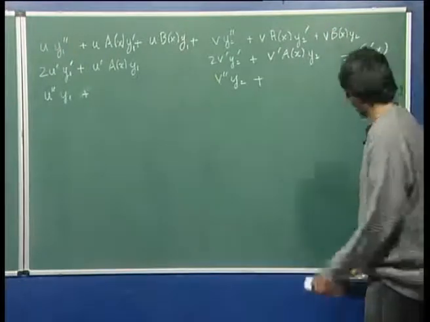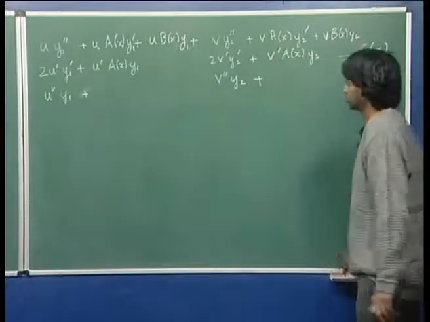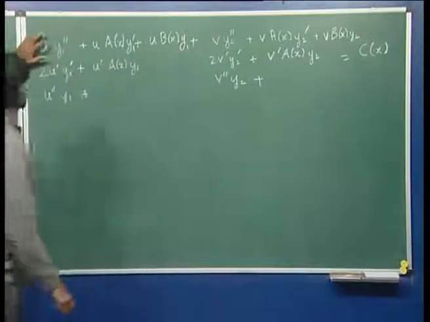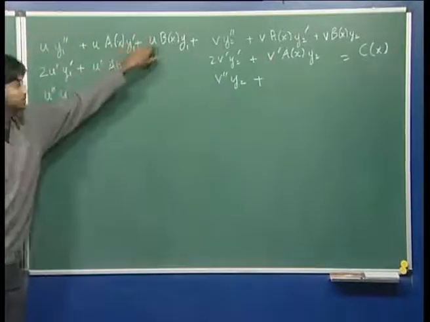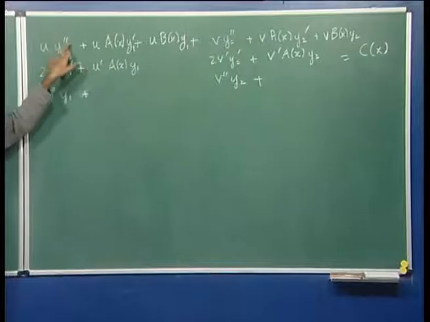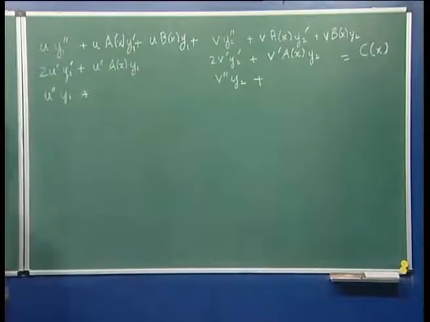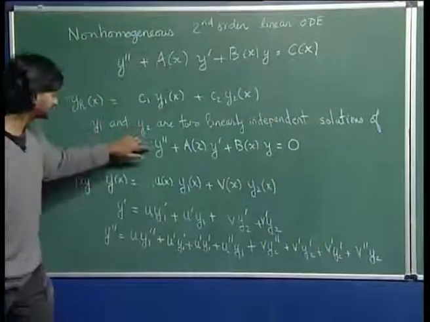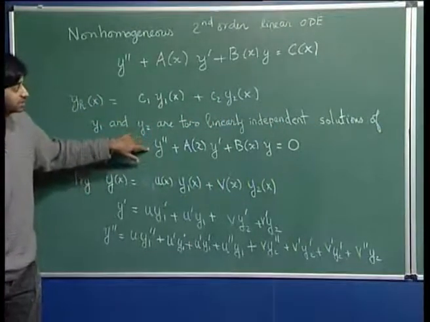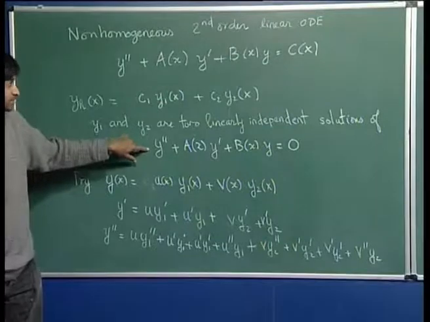Now, if you collect the terms in this form, what you notice is that u is common to all these. What you have is y1 double prime plus a of x y1 prime plus b of x y1, and since y1 satisfies this differential equation, that term is exactly equal to 0.